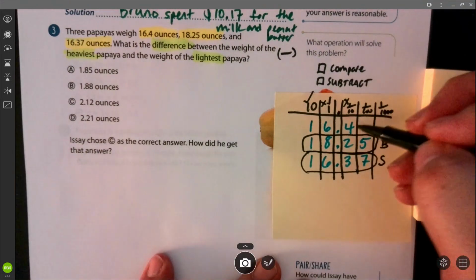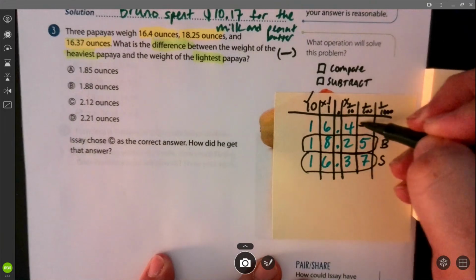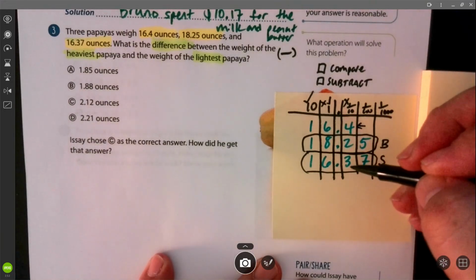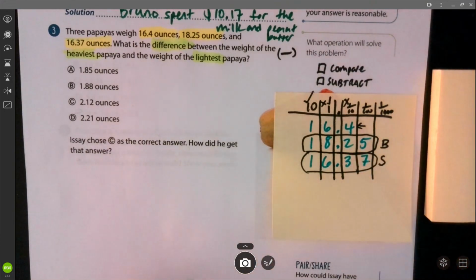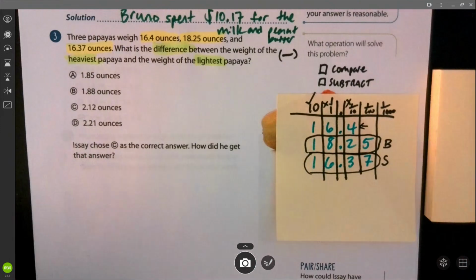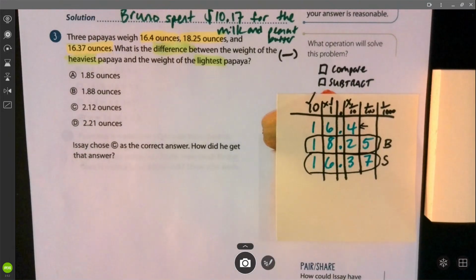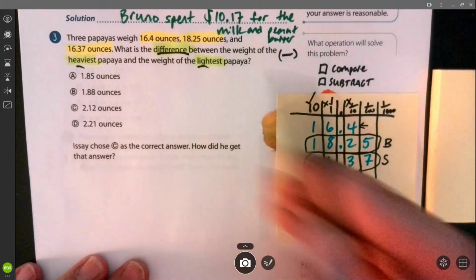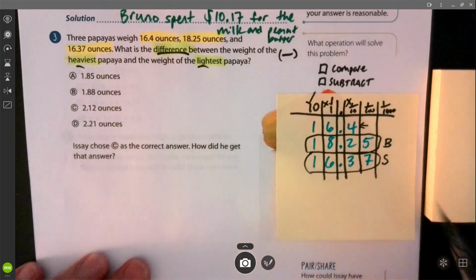Some people might have been tempted to pick this one because it was 16.4 and this had more digits, but not us. Now that I have that, I want to find the difference between the heaviest and the lightest, because I just found them.